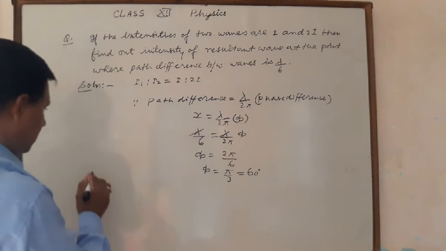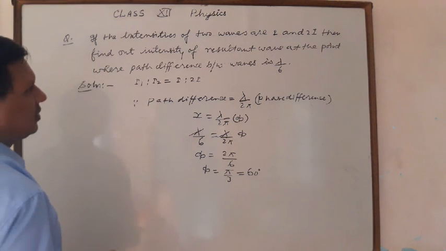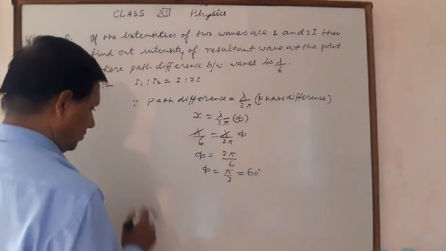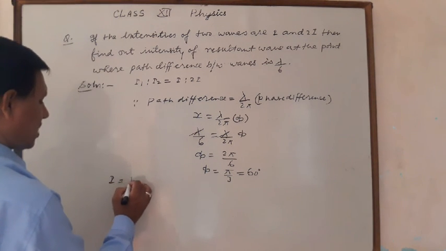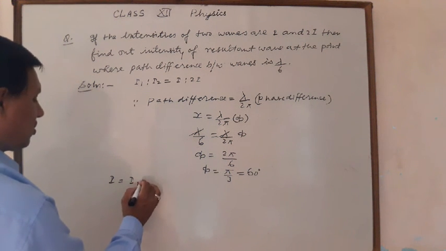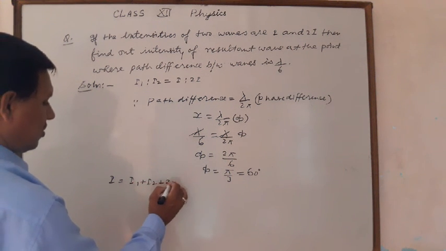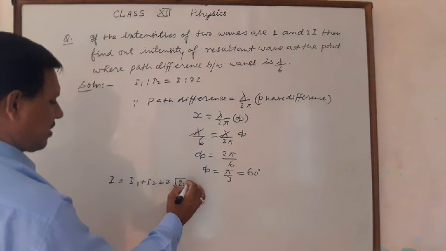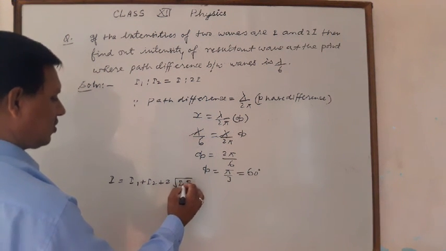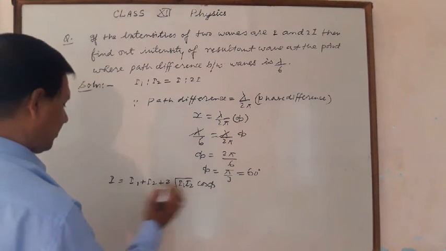Now calculate the value of the intensity of the resultant wave. Since we know that the intensity of the resultant wave I is equal to I1 plus I2 plus 2 under root I1 into I2 into cos phi.